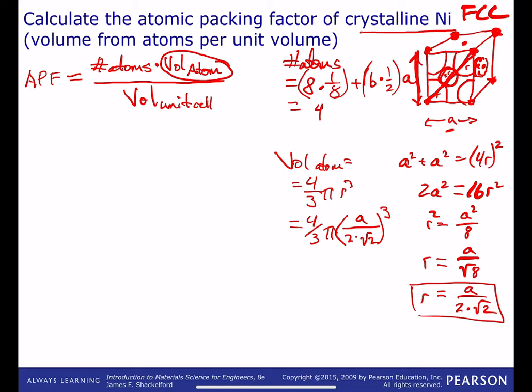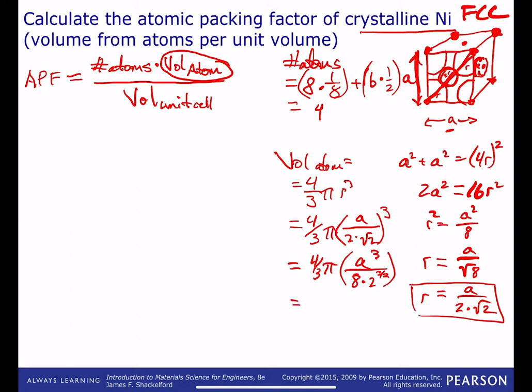And then we're tasked with simplifying this a little further. So a bit of algebra here to make our job a little easier later. So this will turn into 4/3 pi a cubed over 8 times 2 raised to the 3 over 2.